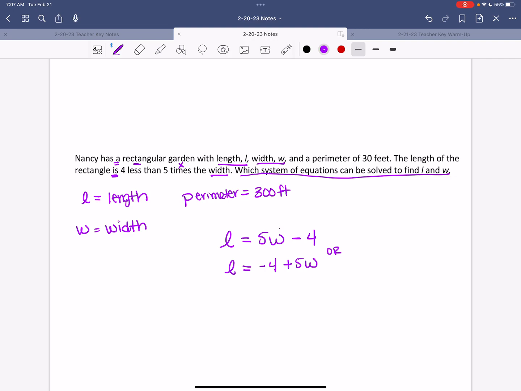So this 5W is 5 times the width, and this minus 4 is 4 less. Same thing here. This is 4 less, and this is 5 times the width.